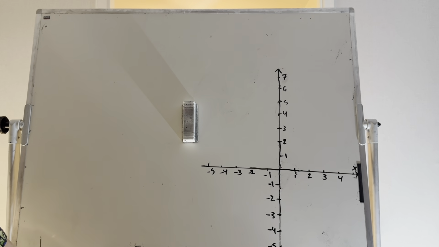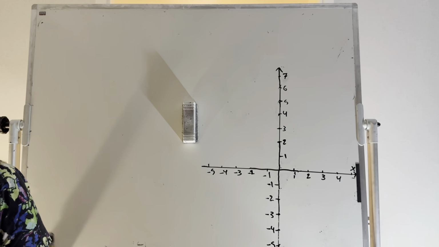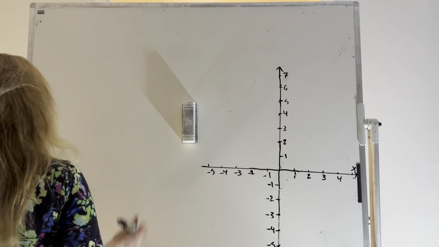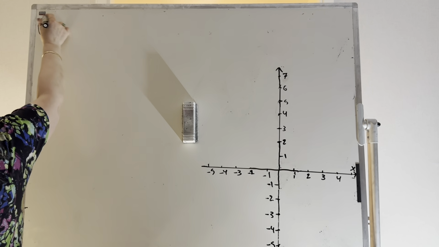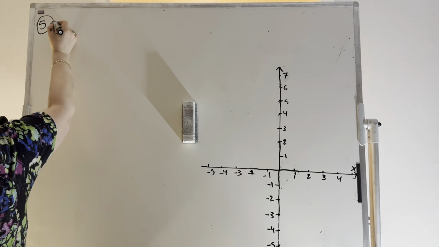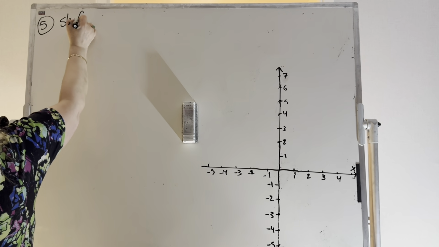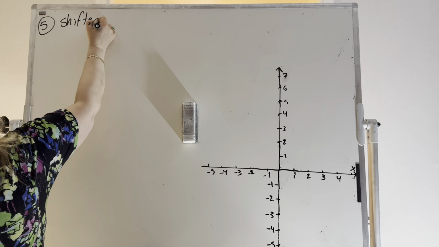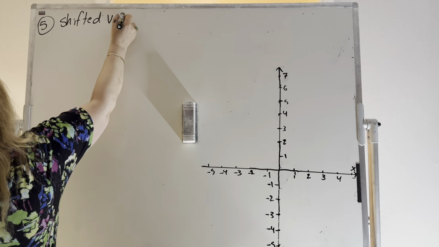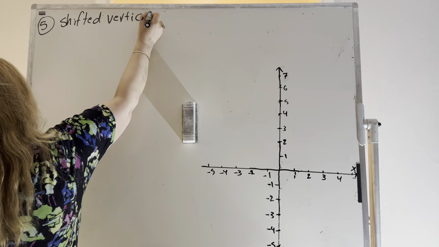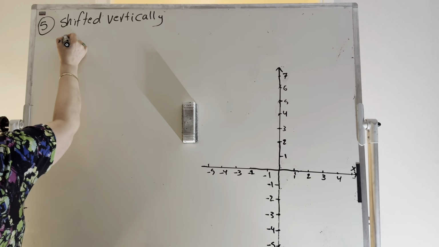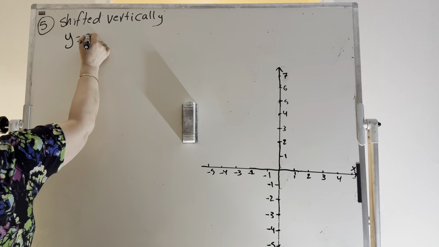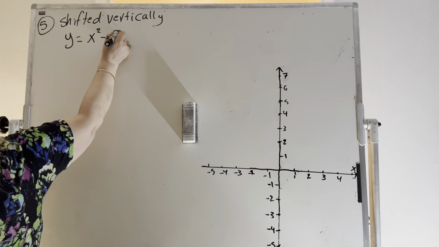Shift it vertically. Equation y equals x power 2 minus 3.